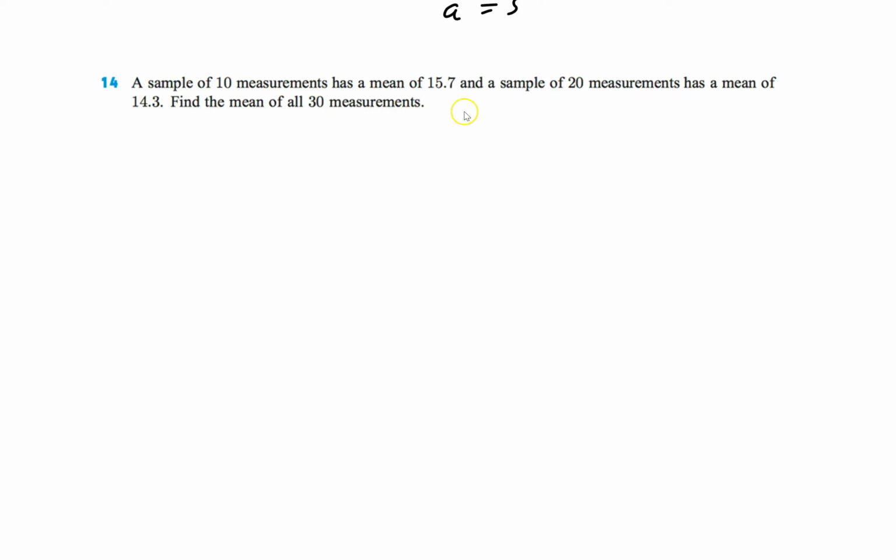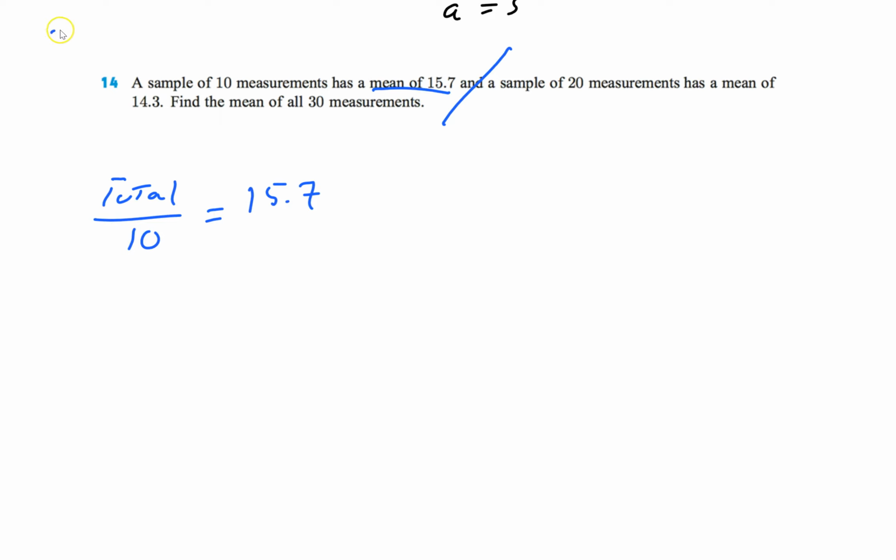Another quick mini example. A sample of 10 measurements have a mean of 15.7, and a sample of 20 measurements has a mean of 14.3. Find the mean of all 30 measurements. Students hate this type of problem. They always get it wrong. So the key is treat them separately. We have this one, where the total over 10 measurements equals 15.7. Right? The average is 15.7.